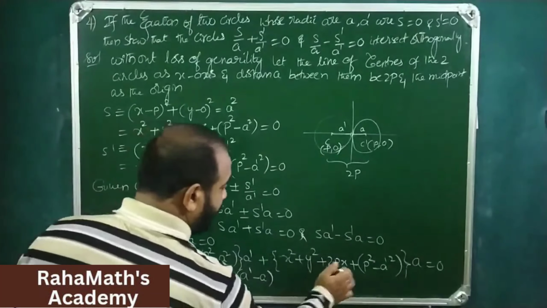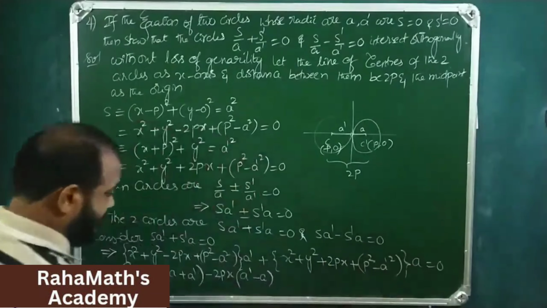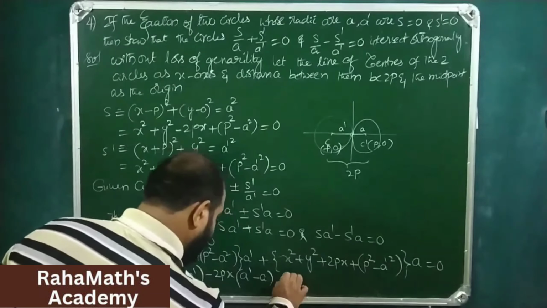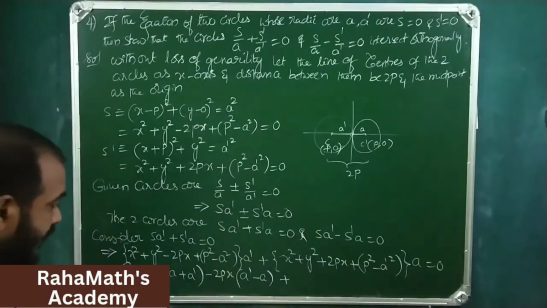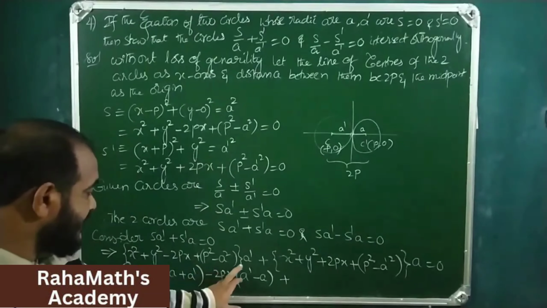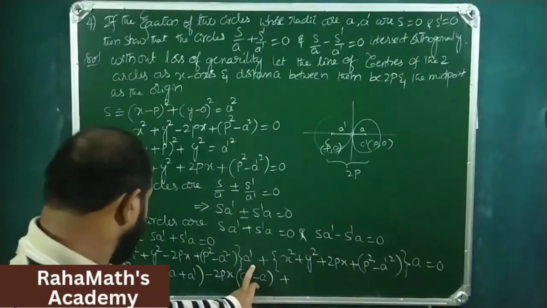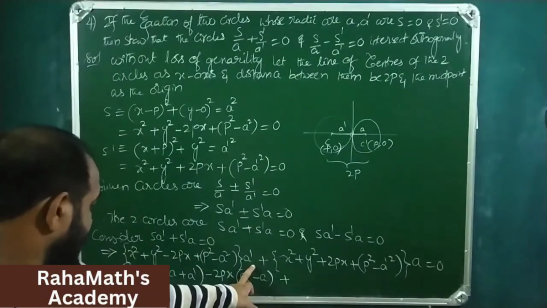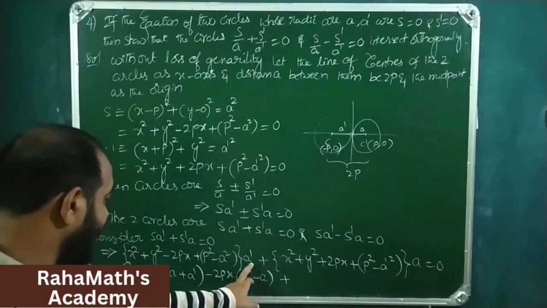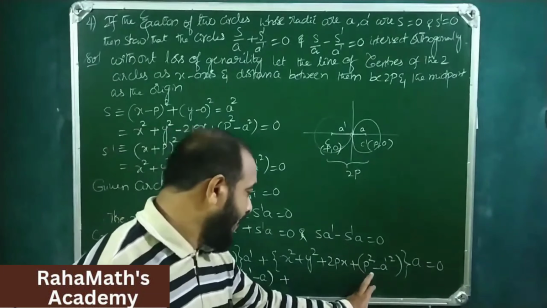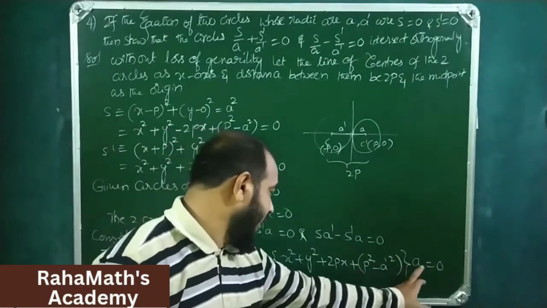Plus becomes minus, and I am left with p square minus a square a dash, and so here p square a dash and p square a.